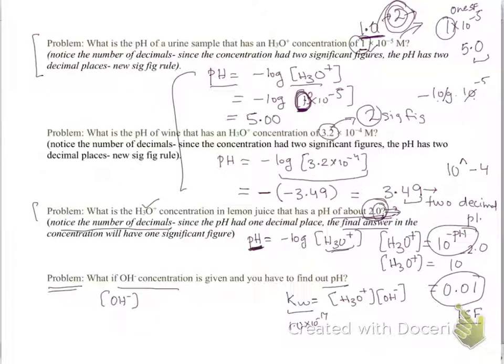Using this formula, and since we are given the OH negative concentration, I will put that value here and calculate H3O plus. Once I have H3O plus, I can use the formula pH equals negative log of H3O plus to find the pH. So if I have a question like this, it is going to be two steps. First find H3O plus, then plug it in to get the pH value.